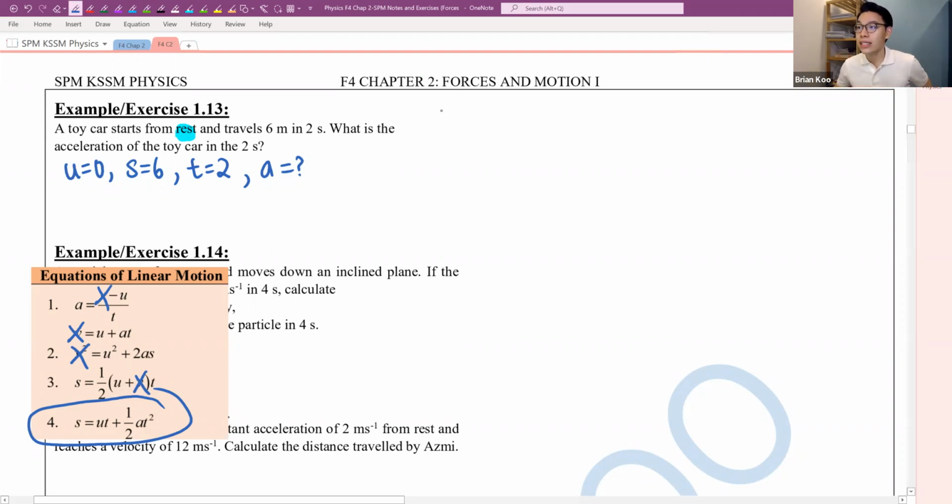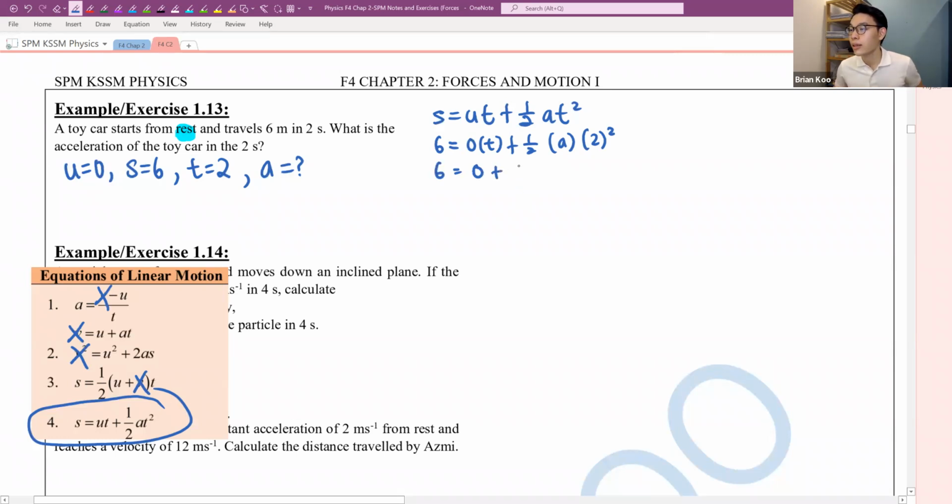So S equals UT plus half AT squared. S is 6, U is 0 times T, plus 1 over 2 AT squared. So this one is 6. This one is 0. 0 times T is just 0, you don't need to write it. Then 1 over 2 times A times 2 squared.